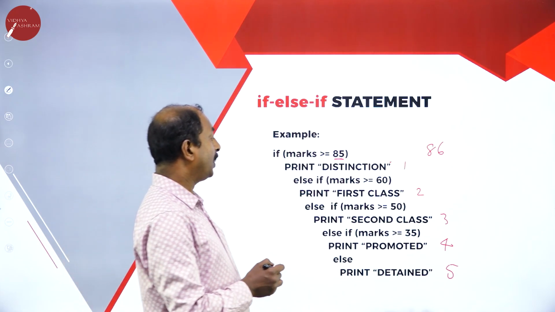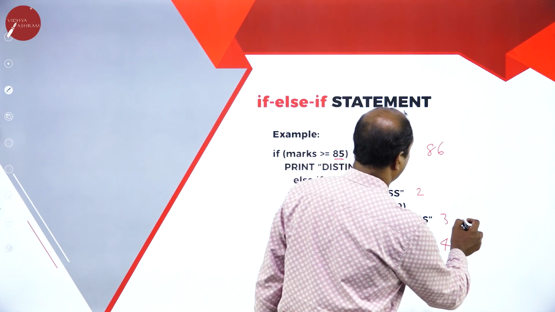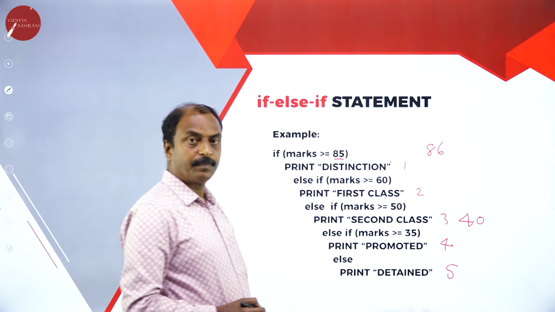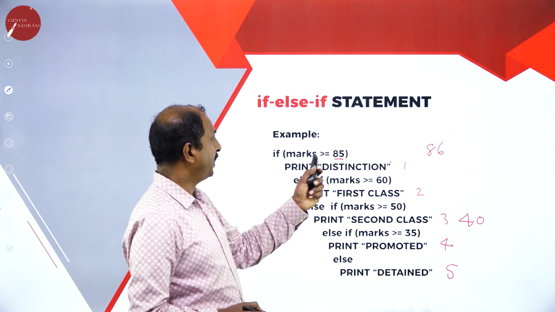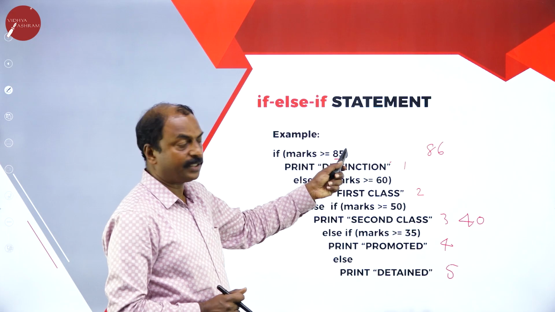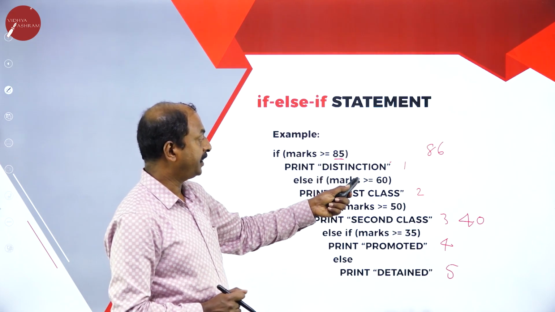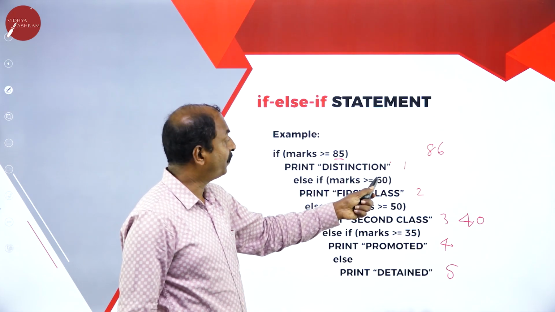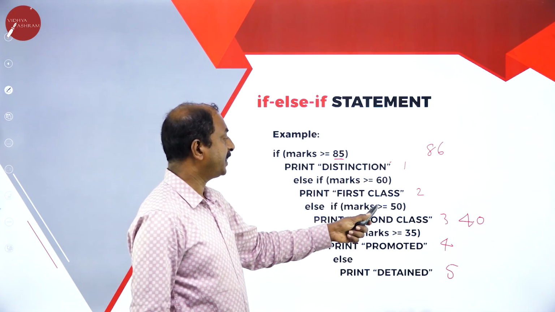Suppose the marks scored by the student is, for example, 40. Look at this. Here it is greater than 85, the condition fails. It comes to the second condition. Is 40 greater than 60? No, the condition fails. It jumps to the next condition.